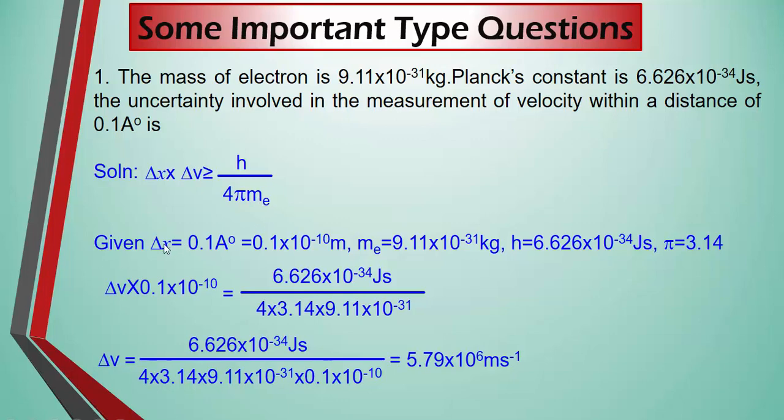So let's substitute all the values. Here I have substituted all the values just to give you a clear idea. In the examination you can directly come to this step for solving and then continue with your calculation.